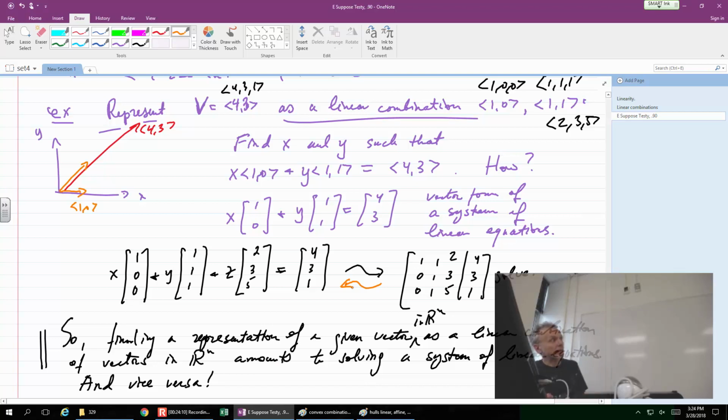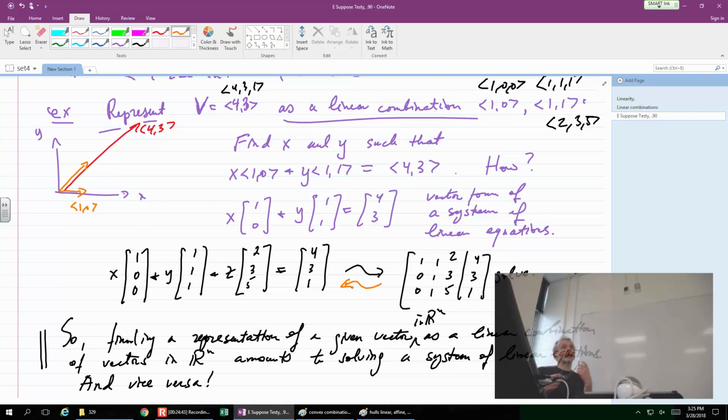So we have a system of linear equations on the right, and it really has nothing to do with any matrices or vectors to begin with. But if we read this augmented matrix as 4 vectors, right? Four three-dimensional vectors. And the fourth, the one on the right, is to be represented as a linear combination of the other 3. Then solving the system of equations or finding this representation is exactly the same thing.